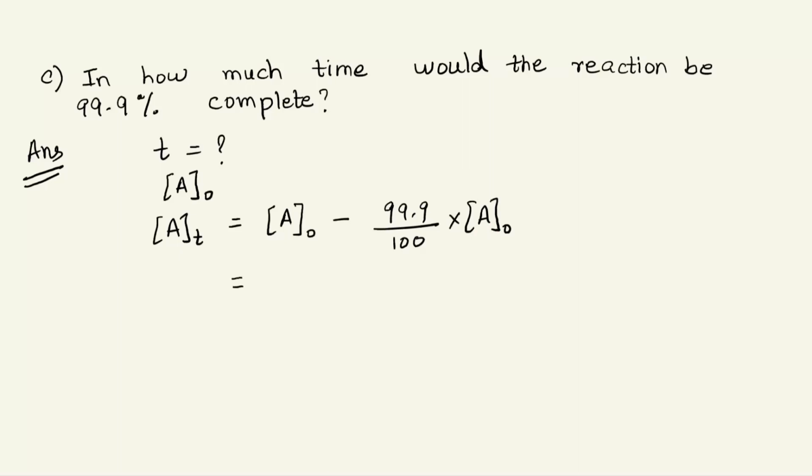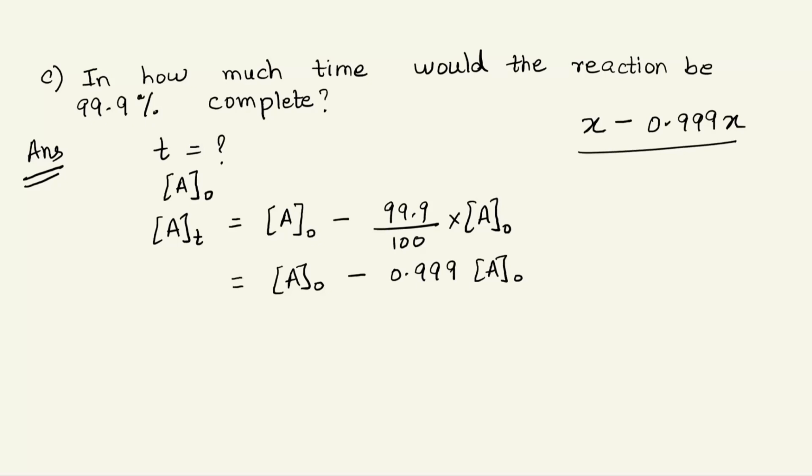So when we simplify it, yes, we will get A naught minus 0.999 times A naught. So this would be simply like x minus 0.999x. Remember from your algebra? So what is the coefficient of x over here? It is 1.